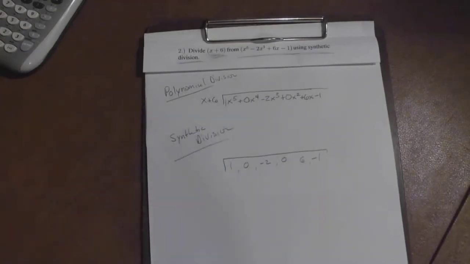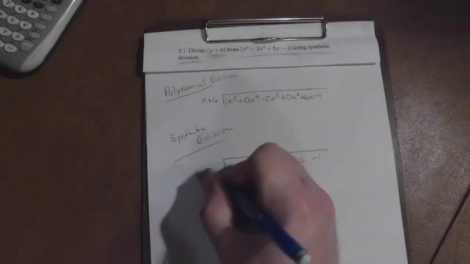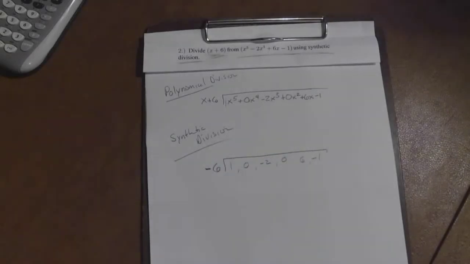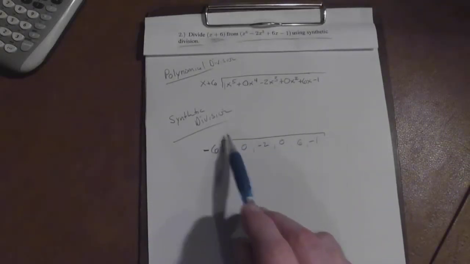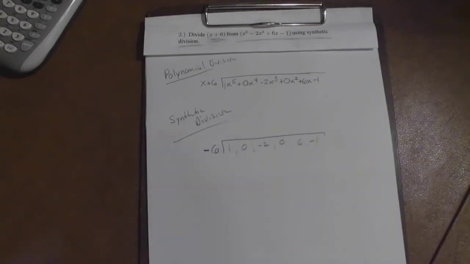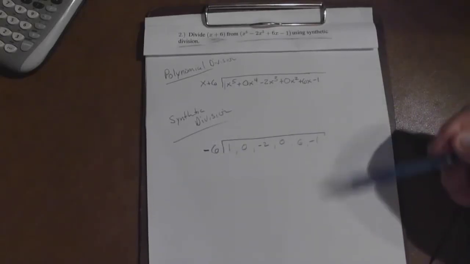We're going to actually use what we know as the 0 for this factor. This factor, x plus 6, has a 0 value of -6. So we're going to use -6 out here to represent the value known as our divisor.